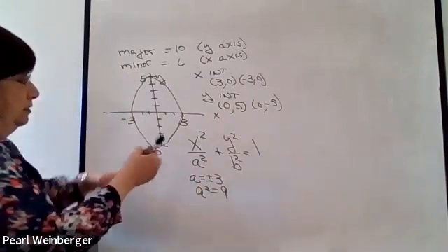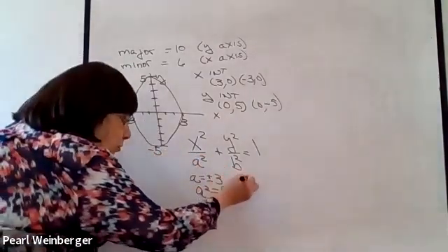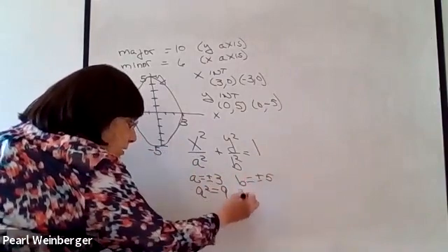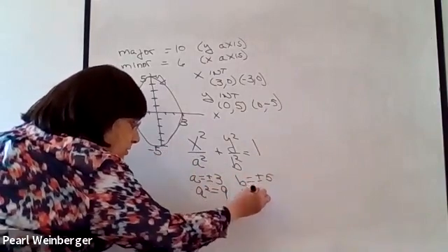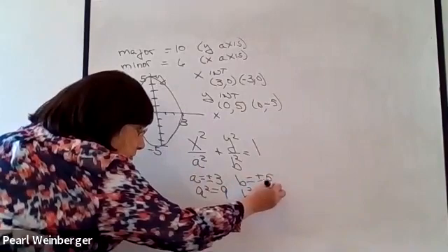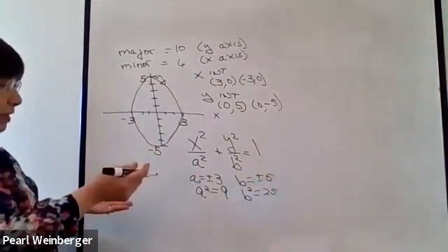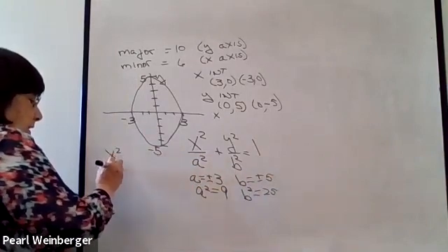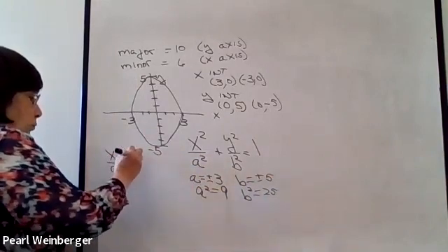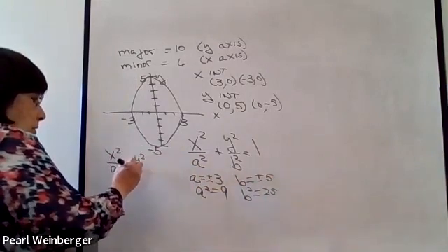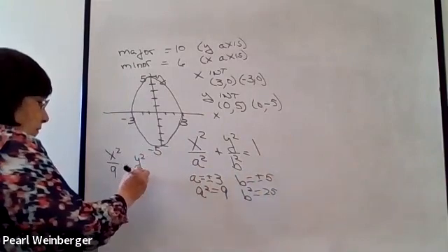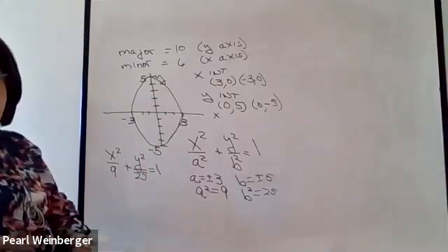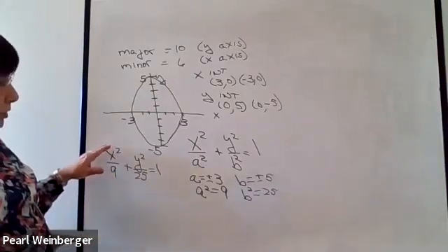The b is the 5 or the -5. It doesn't matter which you consider it, because then the b squared is 25. So now I have all the information I need. x squared over 9 plus y squared over 25 equals 1. So we could write this equation.